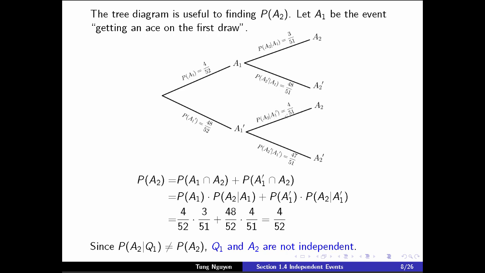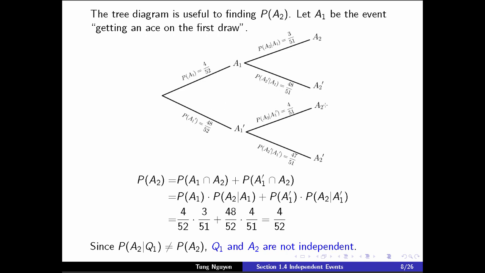Now this branch, the probability will be 4 over 51 because the first time we did not draw an ace. So there are still 4 aces among the 51 cards. And here should be 47 over 51. So now again we are interested in these two outcomes, A2, here. So we multiply the probabilities along the same path.